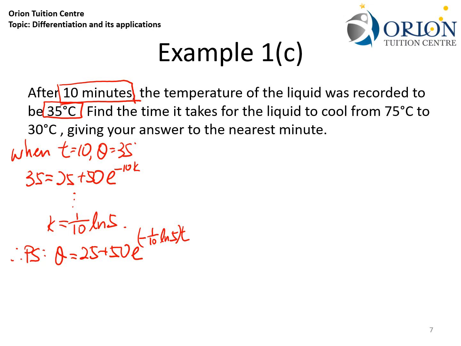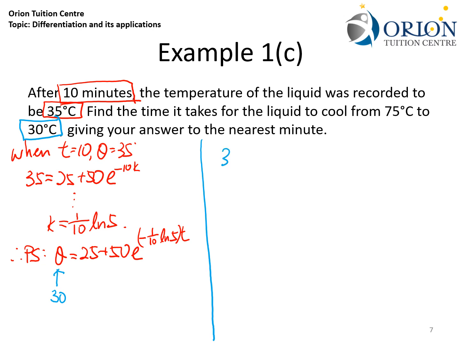Next, after we obtain the particular solution, what we want is the time taken for it to cool from 75 degrees C, that means from t = 0, until the point where it is 30 degrees. So we simply substitute θ = 30 into our particular solution, and we will be able to find the corresponding time.